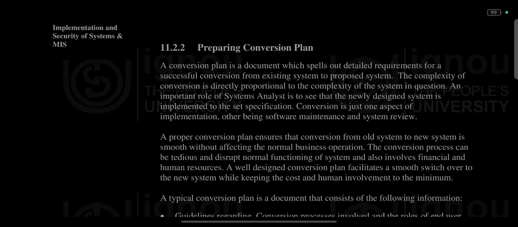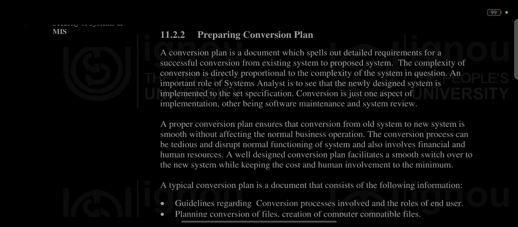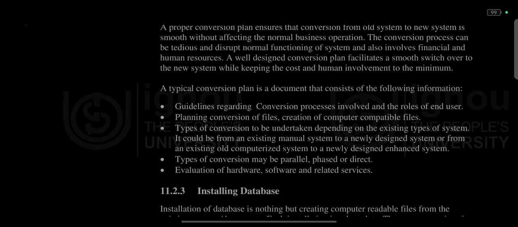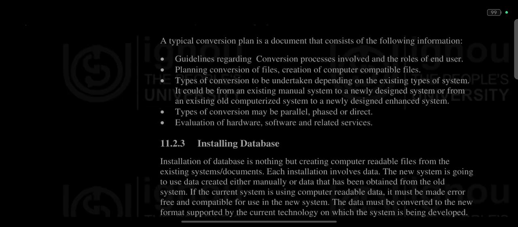A typical conversion plan is a document that consists of the following information: guidelines regarding conversion processes involved and the roles of end user, planning conversion of files, creation of computer compatible files, types of conversion to be undertaken depending on the existing types of system.